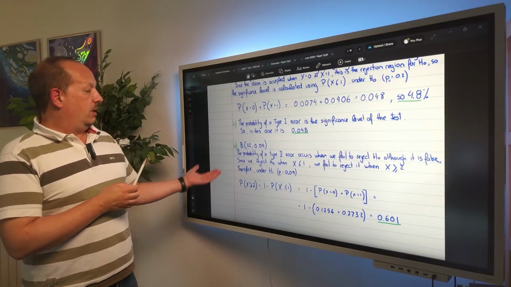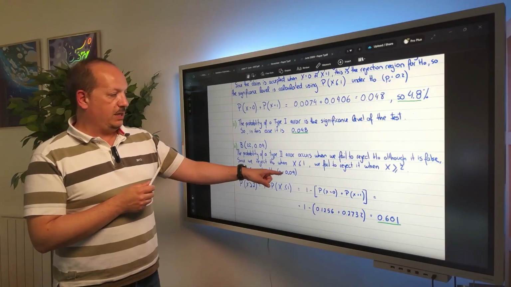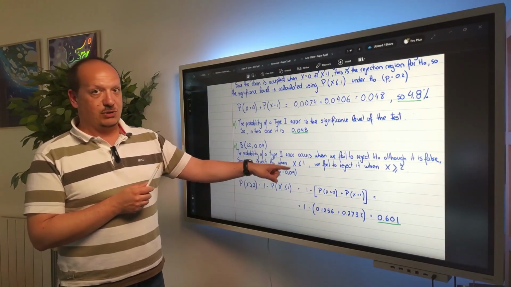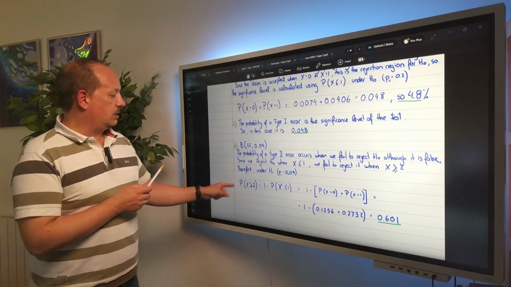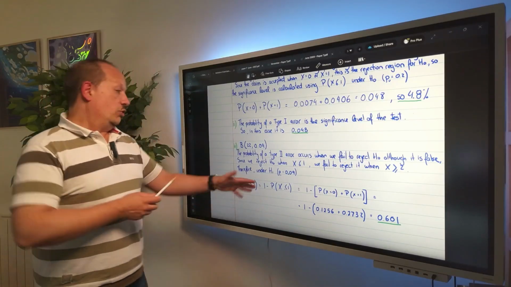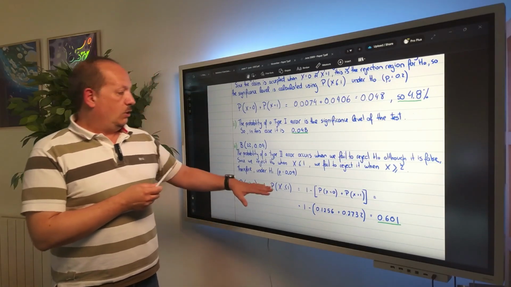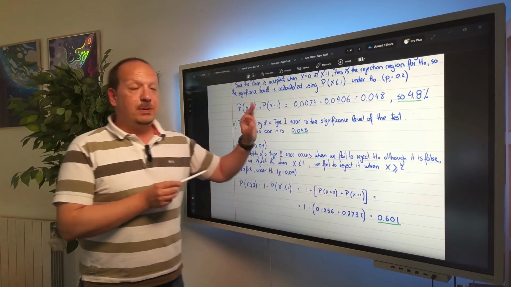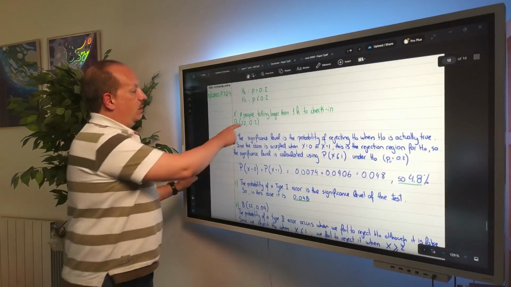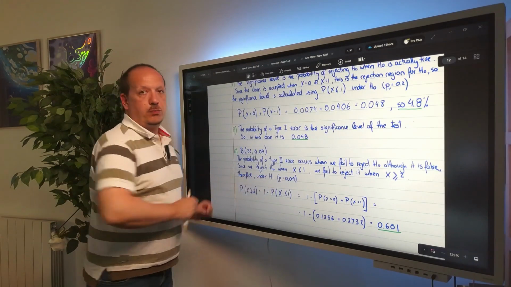Therefore, under H1, under the alternative hypothesis with P equals 0.09, we must calculate the probability that X is bigger or equal to 2, which is 1 minus the probability that X is smaller or equal to 1, which we now are going to calculate, but with a different value of P, no longer 0.2, it's going to be 0.09.